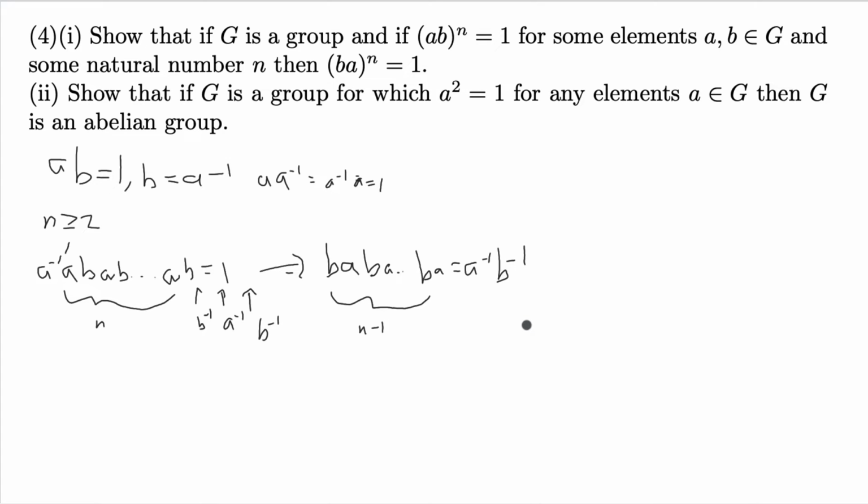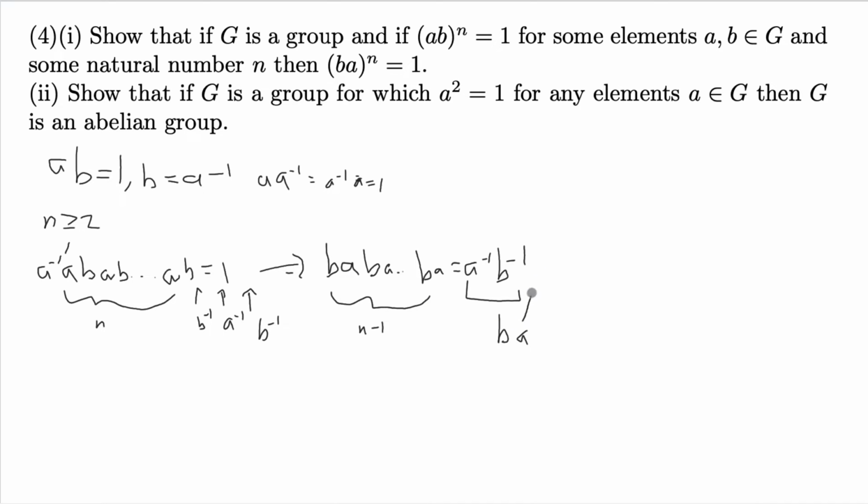Cool. And now we'll note that we can either multiply on the left or right of this expression by BA. If we multiply on the left, we get BA A inverse B inverse, where the A and the A inverse cancel, and you get B inverse, and you're just going to get 1 on the right. Let's do it on the right this time.